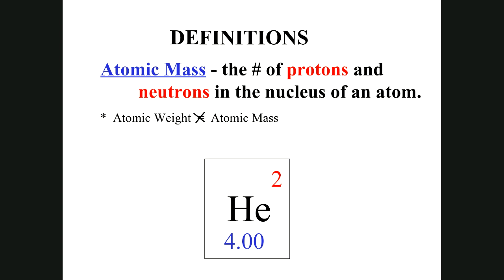I might weigh 110 pounds on the moon. My mass is the same. My mass on Earth is the same as my mass on the moon, but the gravitational pull is different, so my weight's going to be different. So that's the difference between weight and mass, even though everybody pretty much uses them as equal terms.